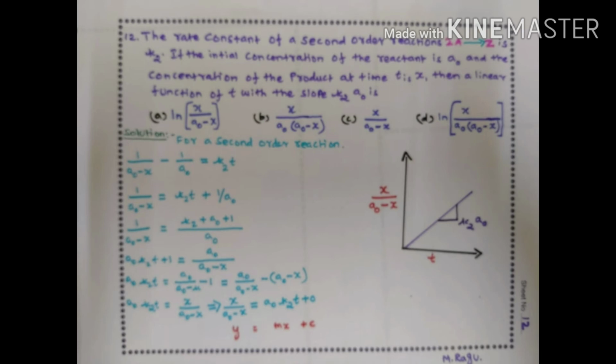The question is: if the initial concentration of the reactant is A0 and the concentration of the product at time t is x, then the linear function of t with the slope K2A0 is the answer, option C, x divided by (A0 minus x), which is the y-axis.